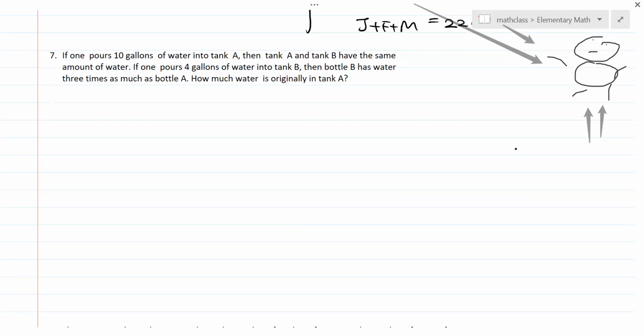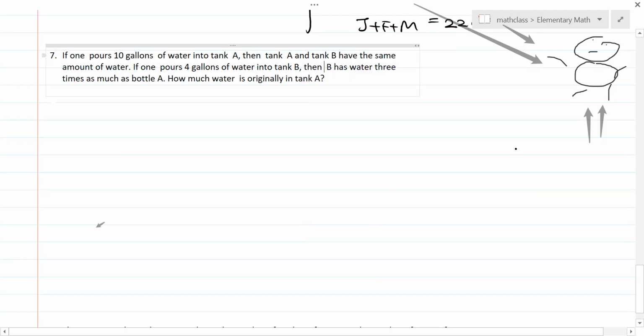If one pours 4 gallons of water into tanker B, then tanker B has the water 3 times as much as tanker A. So please solve this problem.